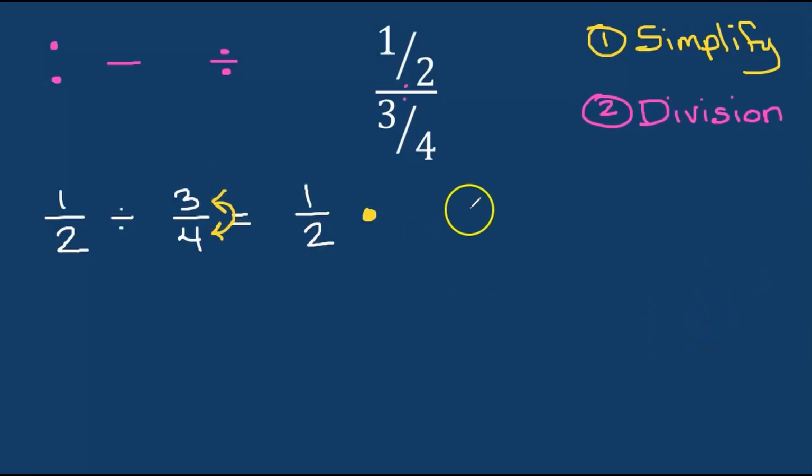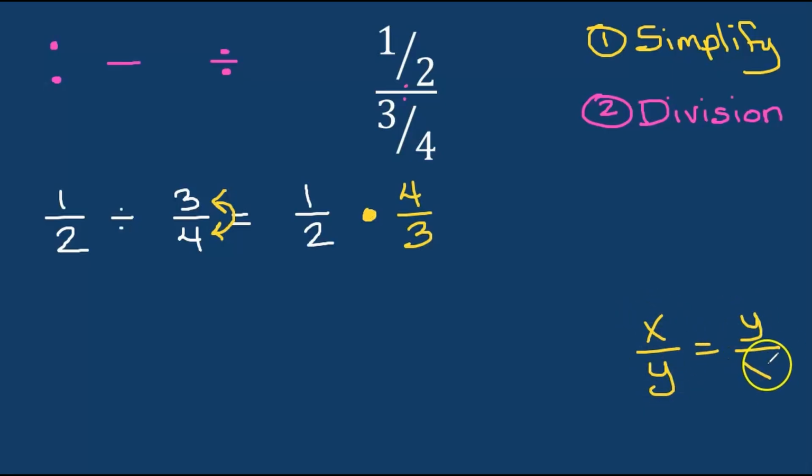So in this case, we have 3/4. We're going to flip it upside down to make it 4/3. You can flip anything upside down. That's taking the reciprocal. X over y becomes y over x. If you have 1 over 6, the reciprocal is 6 over 1, or just 6. This is what reciprocal means.